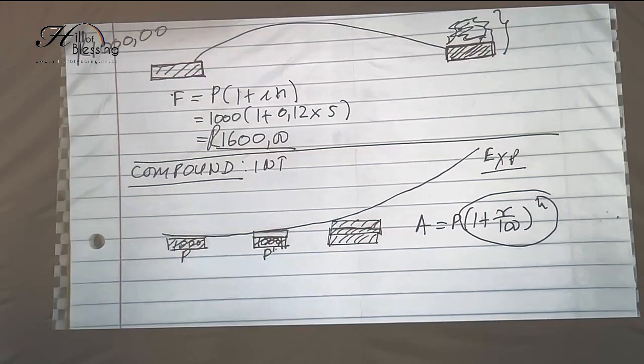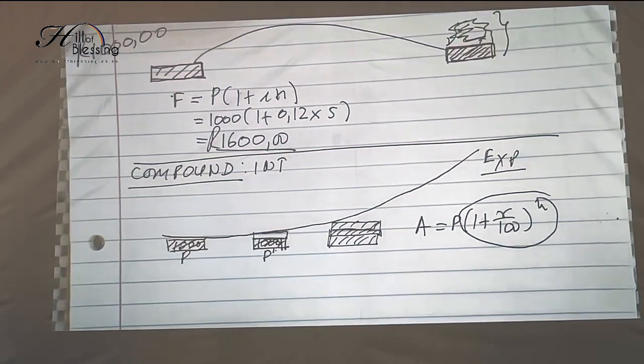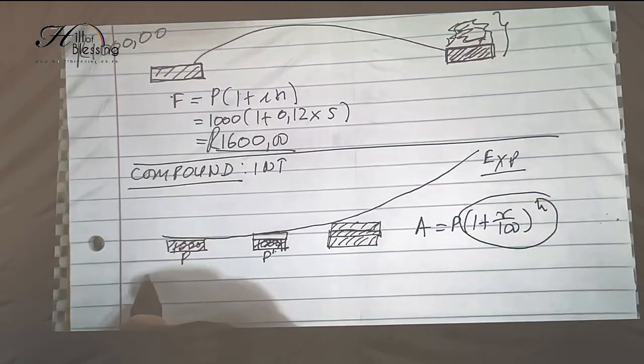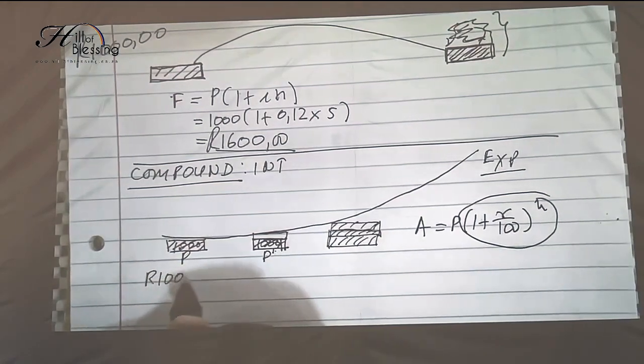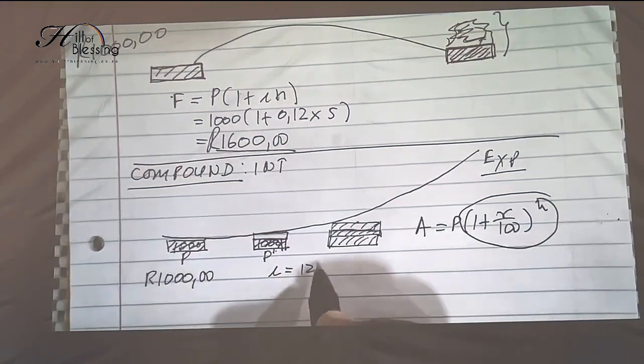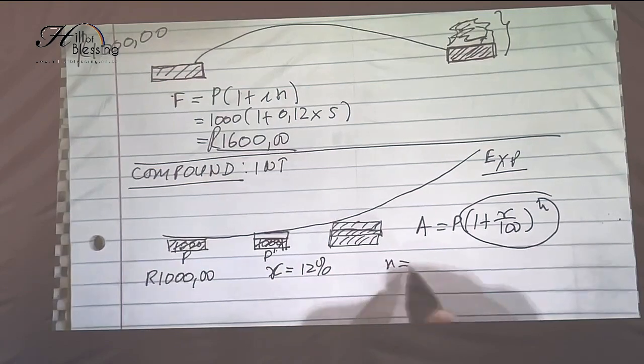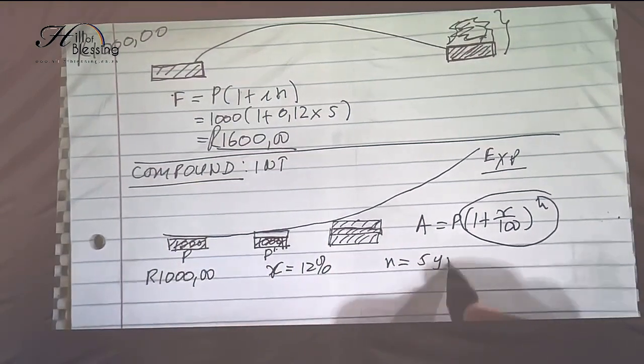Okay? Now for grade 11, in the June exam paper, I set a question on that as well. So let's assume you had this 1,000 rand, and you invested it at 12%, which is R, and you're taking it for n equal to 5 years.